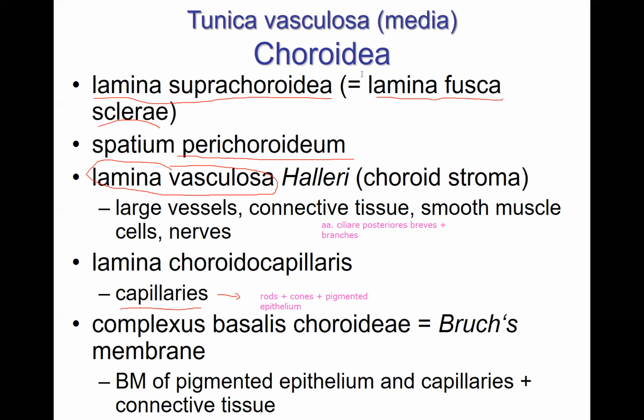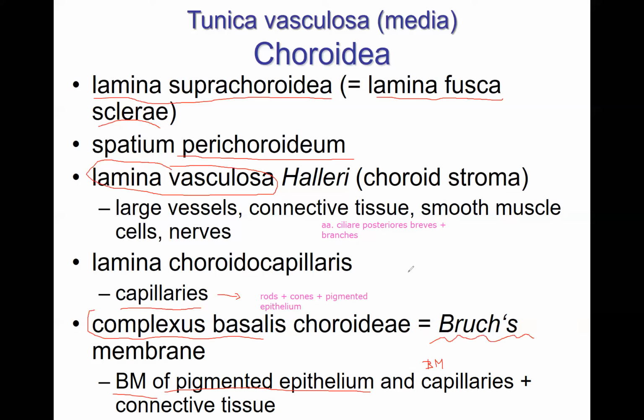And the last layer is also a bit strange, as was the first one. It's a basal lamina of the pigmented epithelium and the basal lamina of the capillaries and some layers in between. I will show you which layers. And as it's a complex structure, it's called a basal complex, and in many books it's called Bruch's membrane.